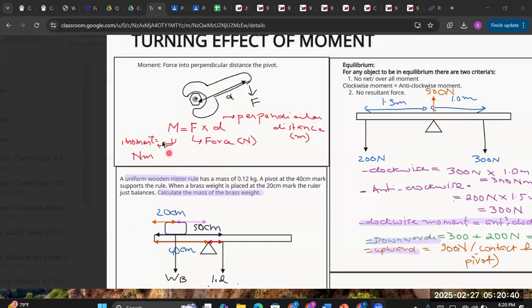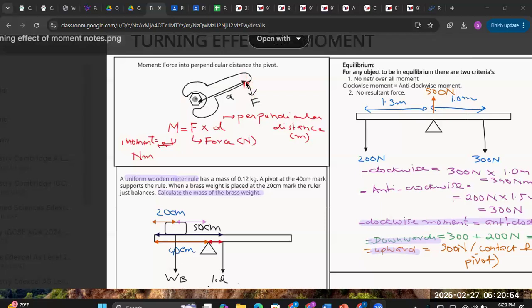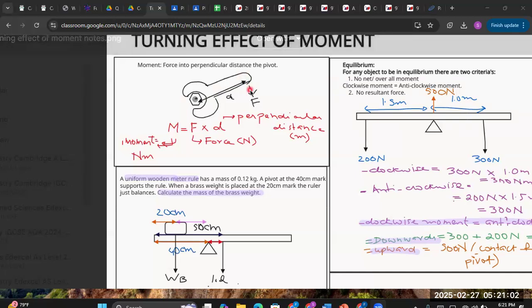So this will produce a moment. Now the difference between moment and work done, even though they have the same formula, is the distance that we take into account. Turning effect of moment involves perpendicular distance, so the force and the distance have to be at 90 degrees to each other. In work done, the force and the distance are in the same direction.